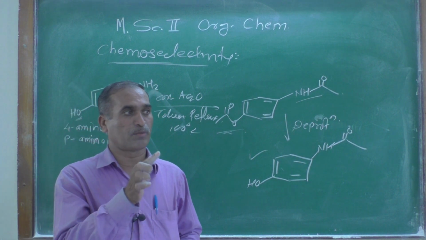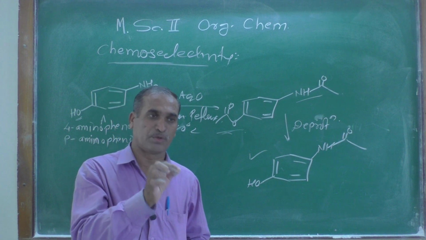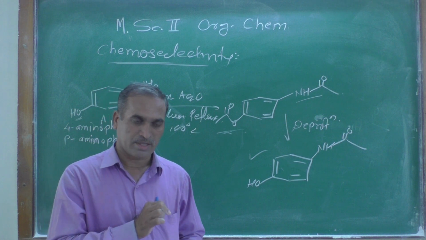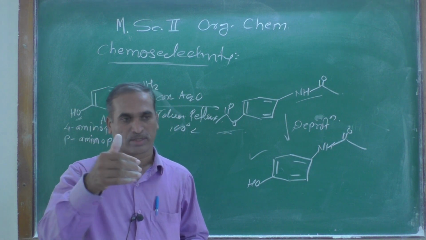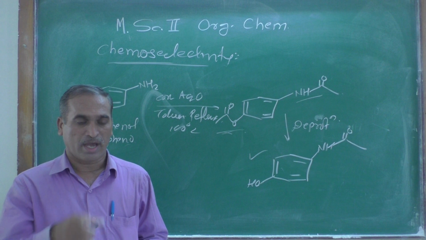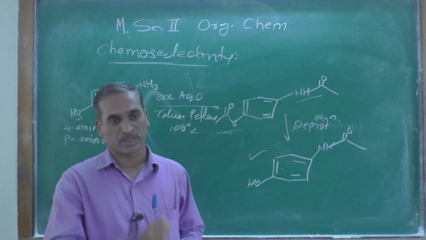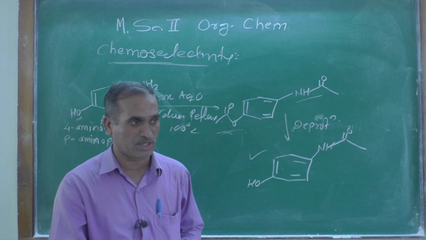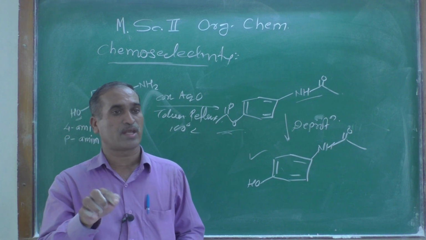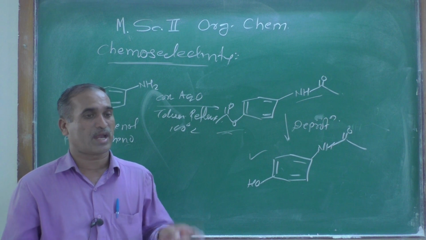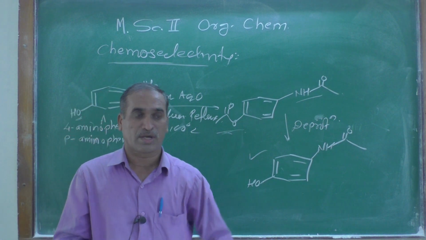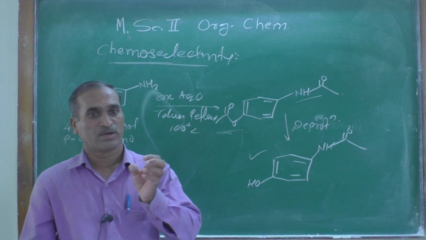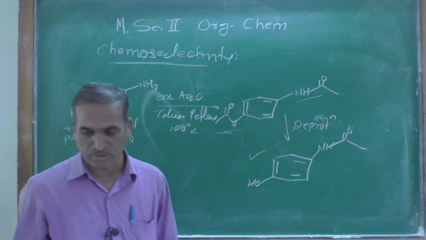An ideal protecting group should be introduced under mild condition, and second criterion, it should be removed under mild condition, and third criterion, the important one, it should be stable at the reaction condition necessary to carry out the transformation at the other center in the compound. So those are some of the criteria for the ideal protecting group.